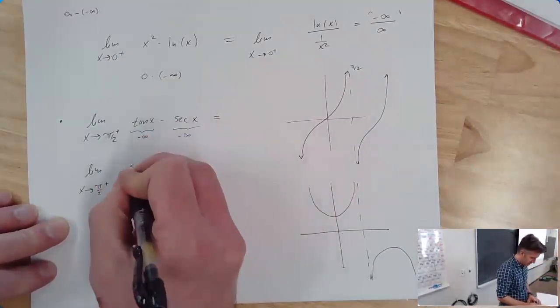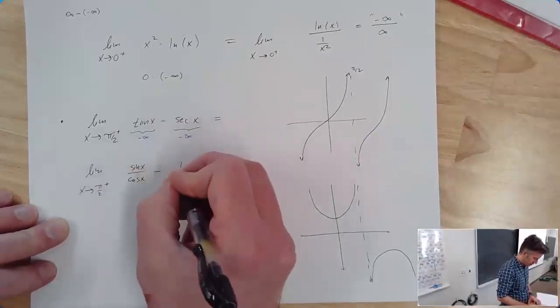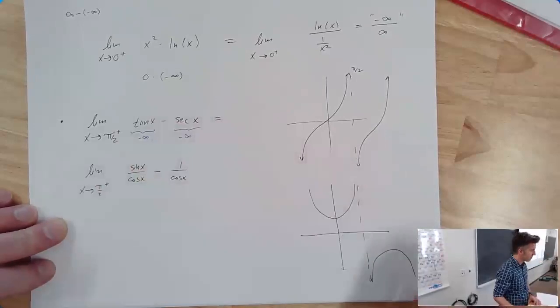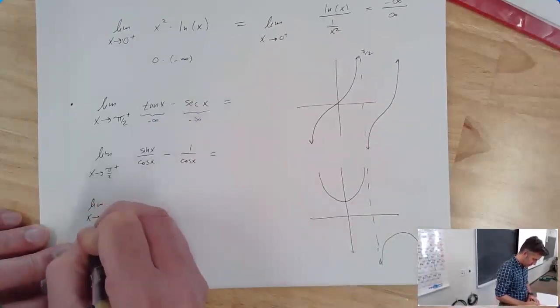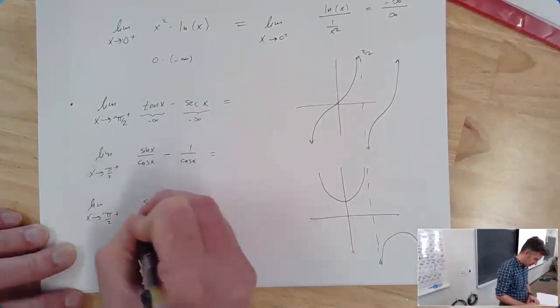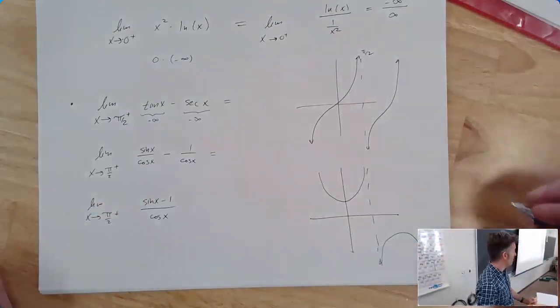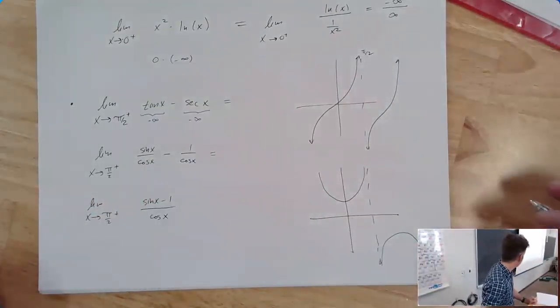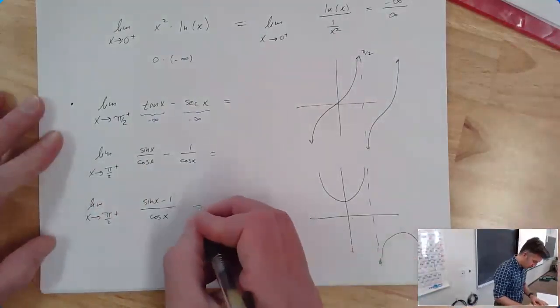Tangent is sine of x over cosine of x, and secant of x is 1 over cosine of x. So this becomes the limit as x approaches pi over 2 from the right of sine of x minus 1 over cosine of x. And now it's a 0 over 0. The sine of pi over 2 is 1, cosine of pi over 2 is 0. So now we can totally use L'Hopital's rule.